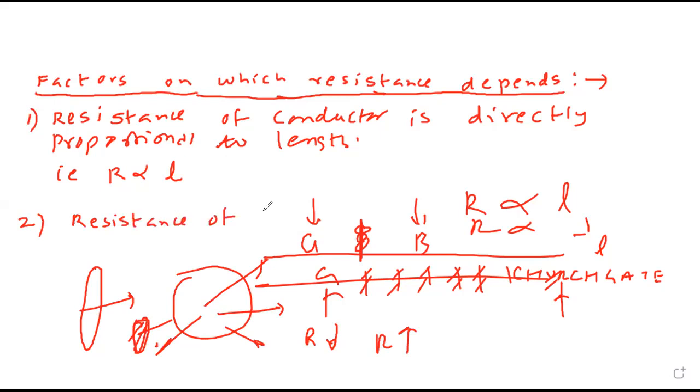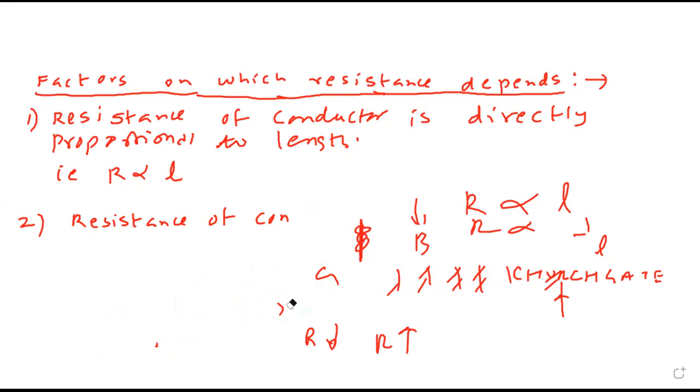So can I say resistance of a conductor is inversely proportional to area of cross section.